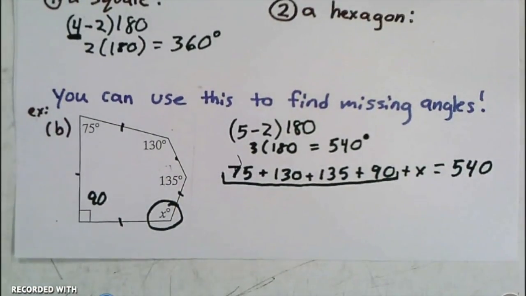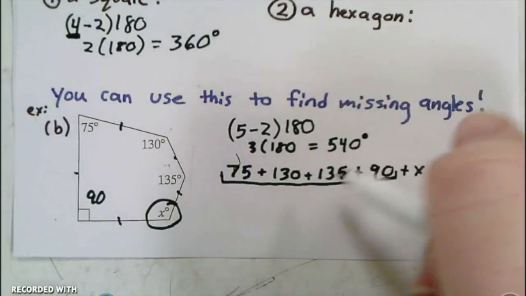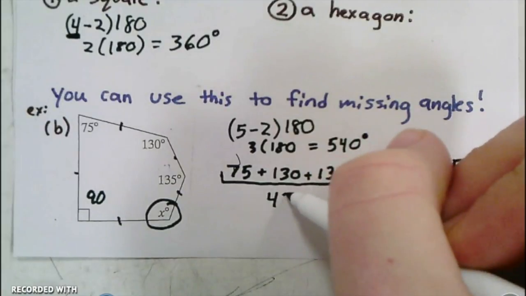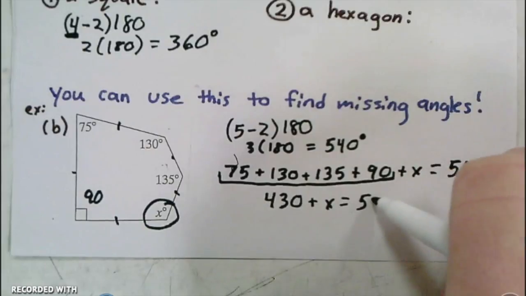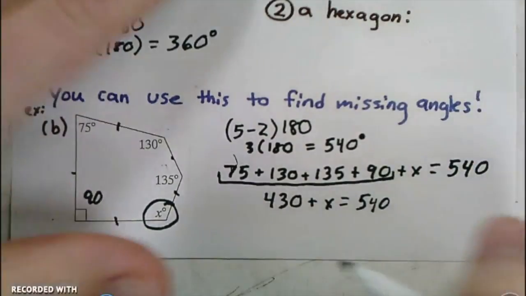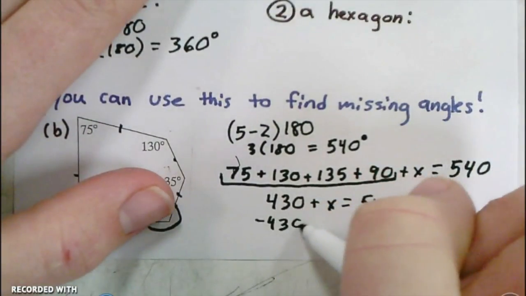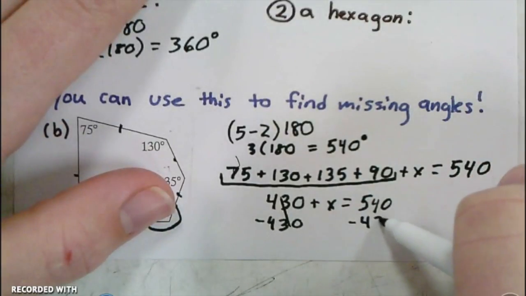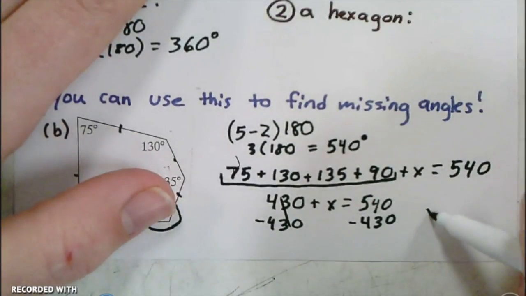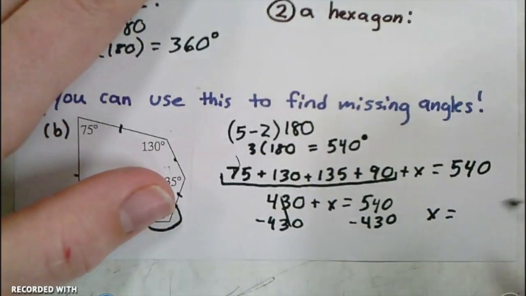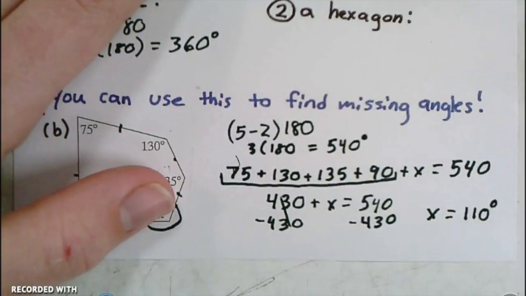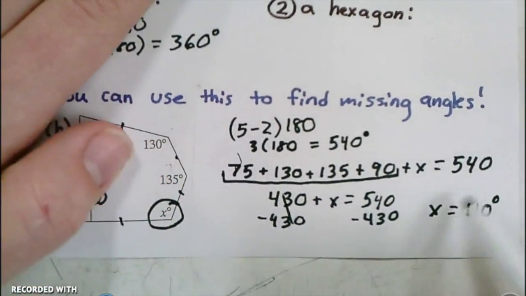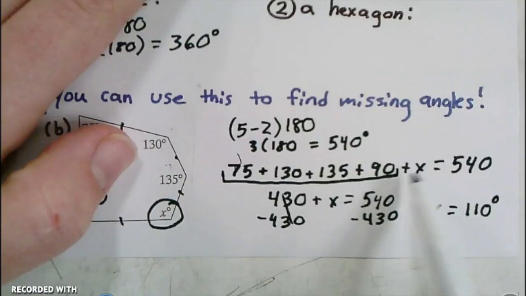I'm going to use my calculator to do it. Okay, so all of those numbers added up to 430 plus x equals 540. Now I'm going to undo the addition by subtracting 430, and my answer is that x equals 110 degrees.